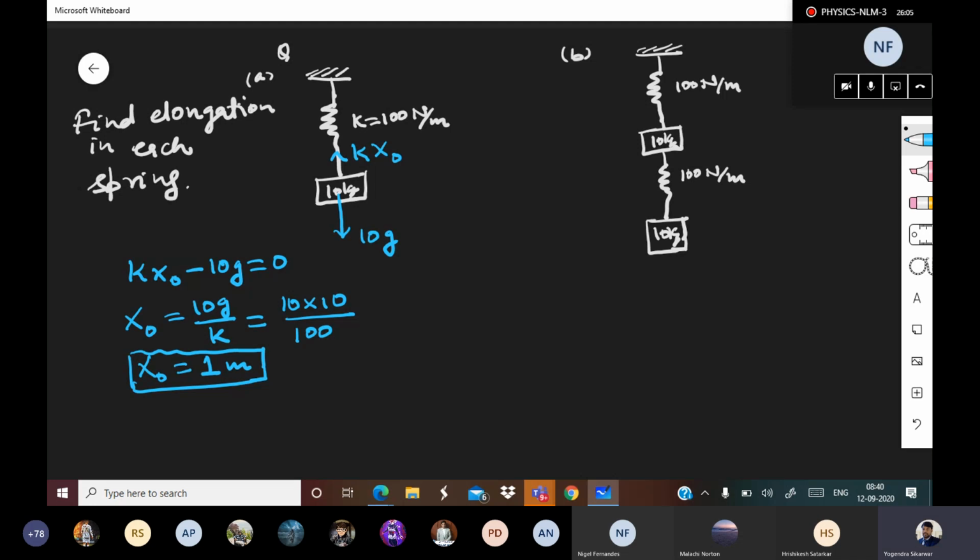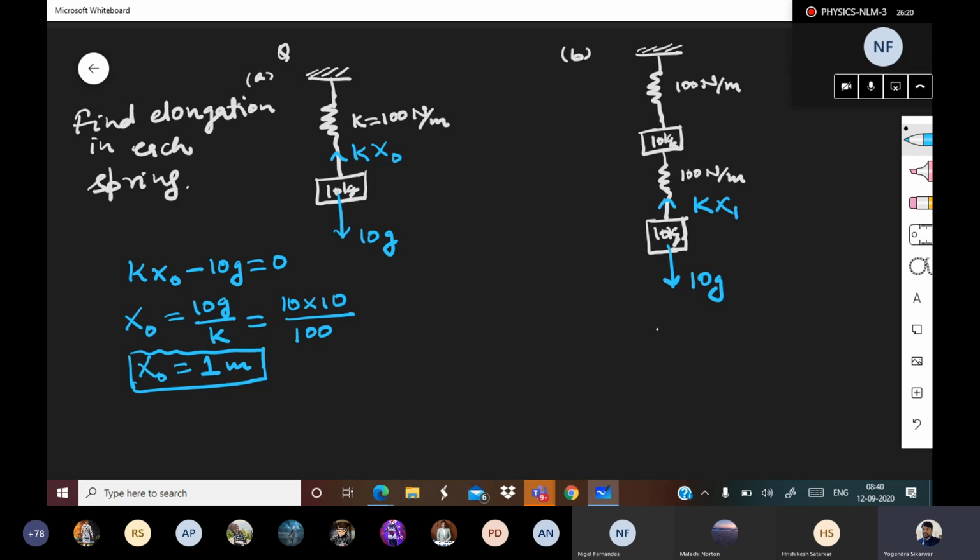Similarly, let us talk about this. mg is acting downward, Kx1 is acting upward, and the block is in equilibrium.